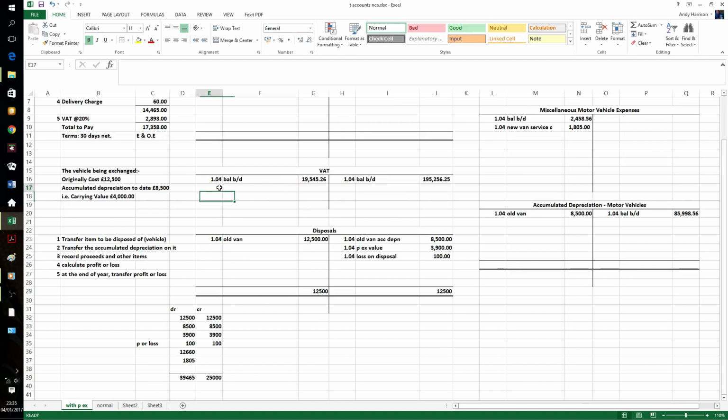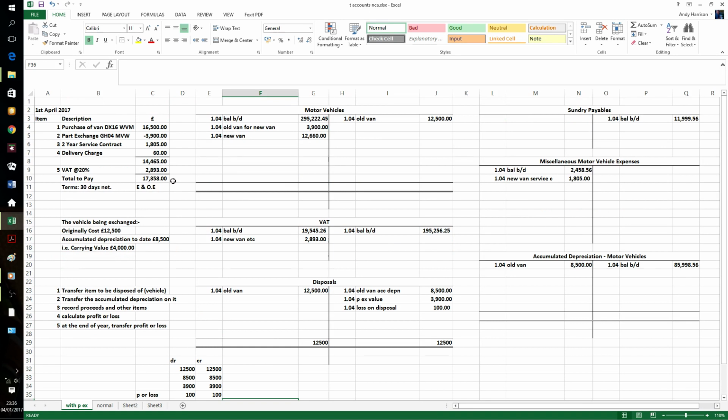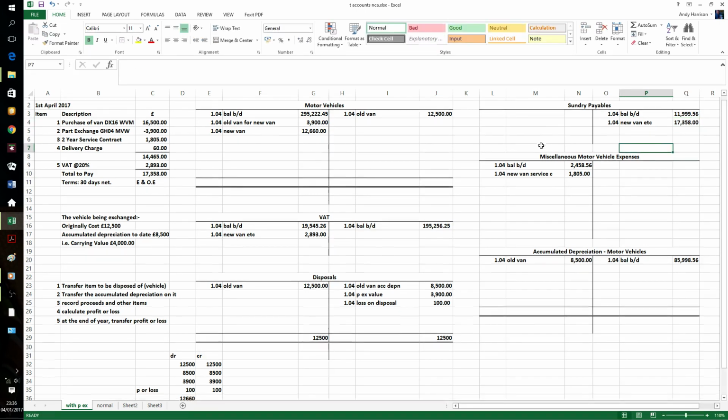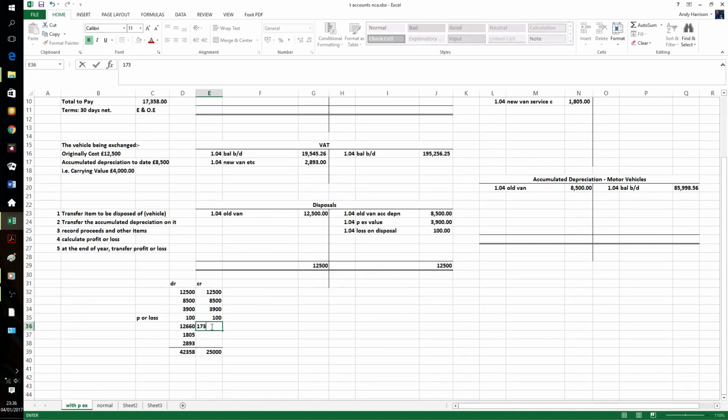And then our VAT. And then we have our suppliers, our sundry payable, our dealer, the difference. So one credit entry should balance off, sorted, all done.